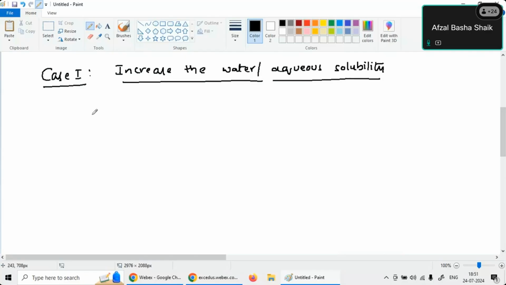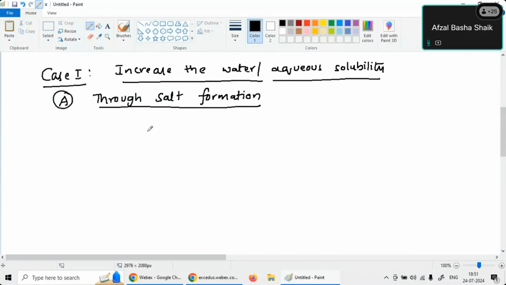So for this, the first and foremost thing is, we can increase the water or aqueous solubility of the drugs through salt formation.